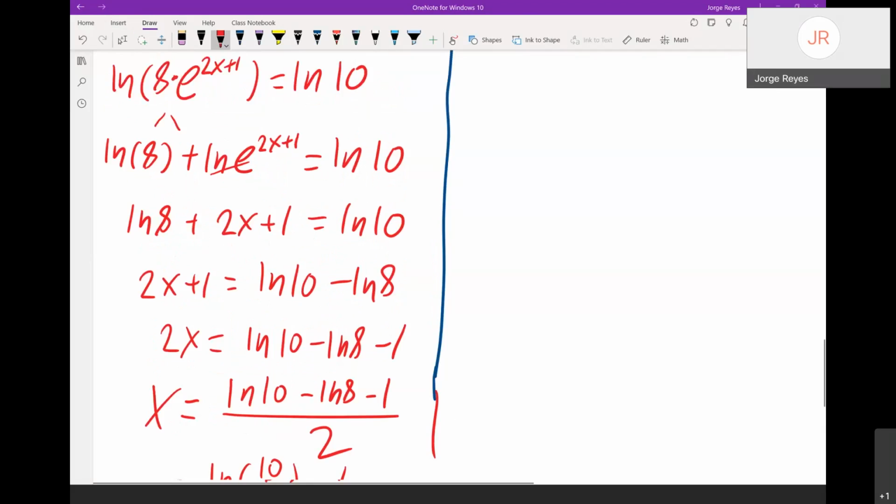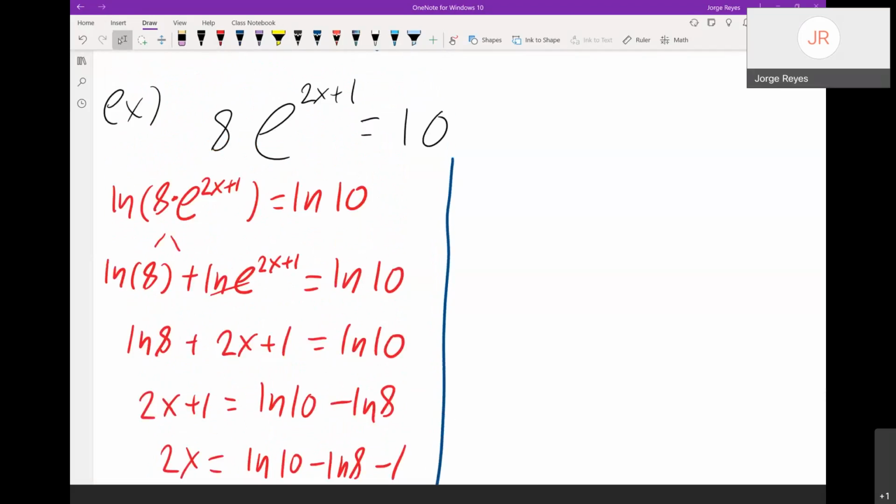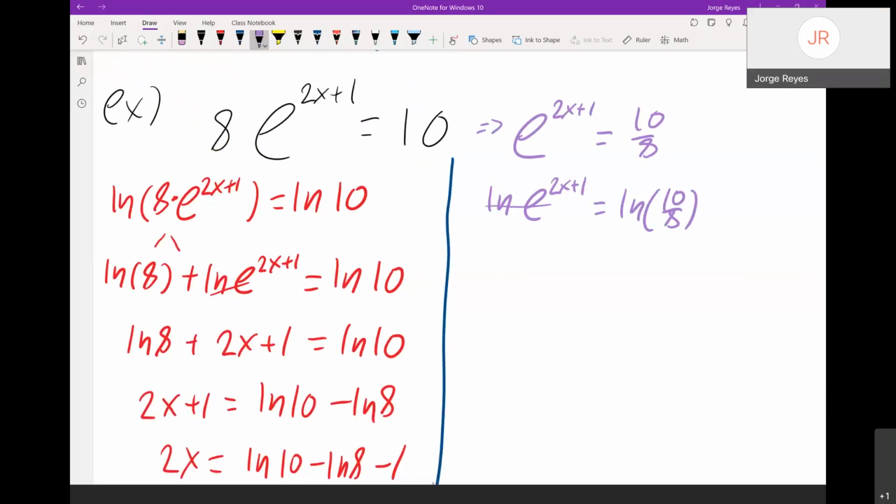So what would I have advised though? My pro tip would have been don't immediately natural log. I would have said divide by 8 first to get this. Okay. Because then when you natural log both sides, this just automatically cancels and you don't need the product rule.